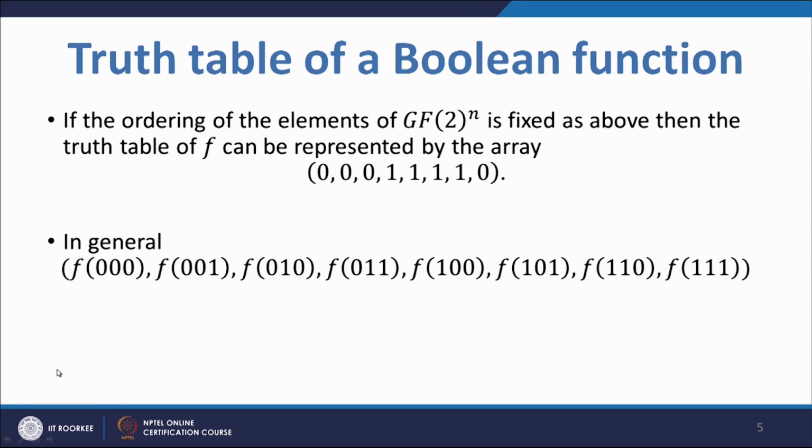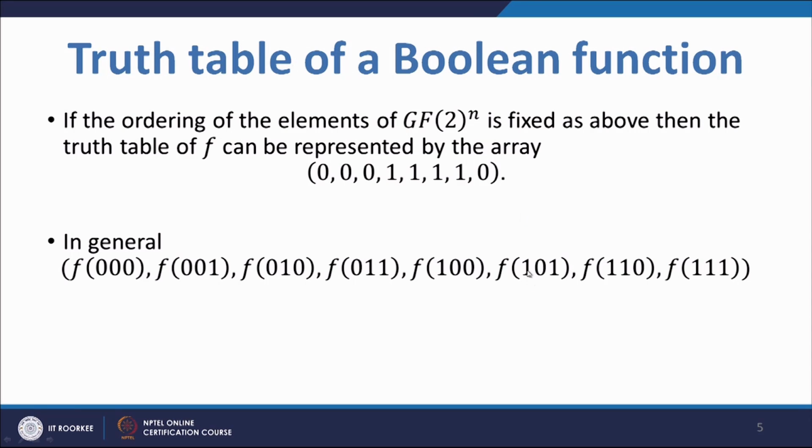In general, let us say n equal to 3, I can write a truth table like this. I have written here n, please read this as 3. You can read this as GF2 to the power n, but I am doing this for GF2 to the power 3.